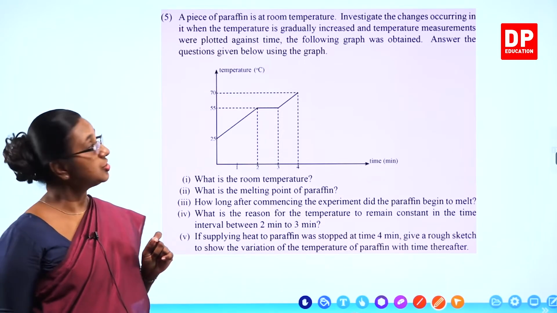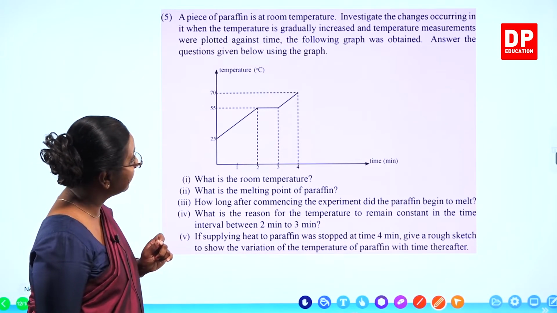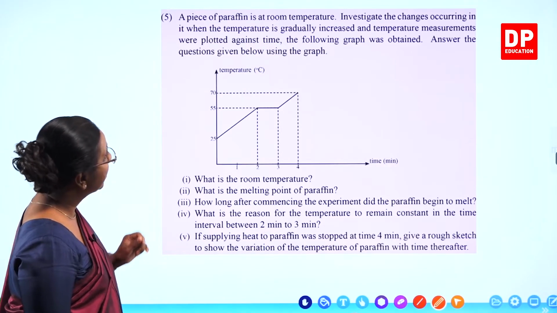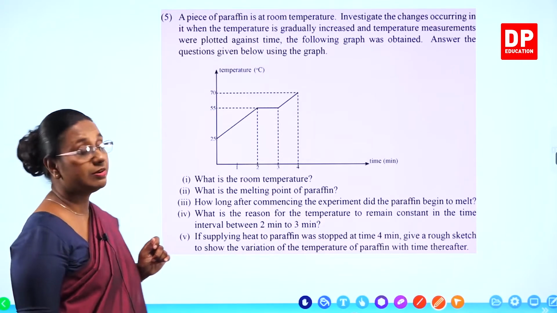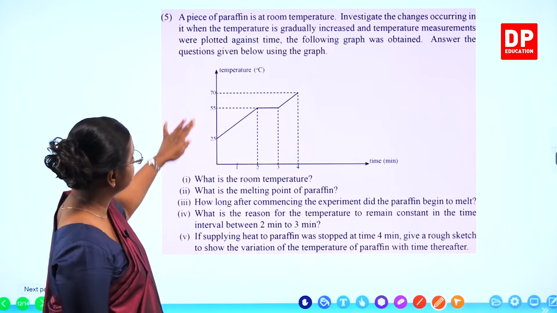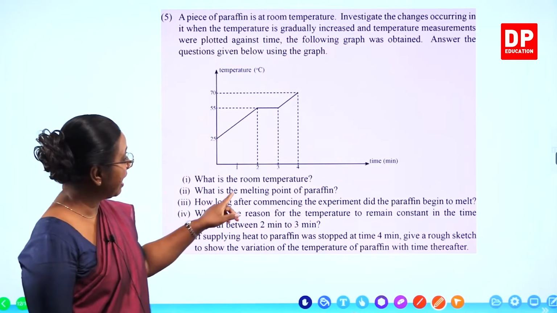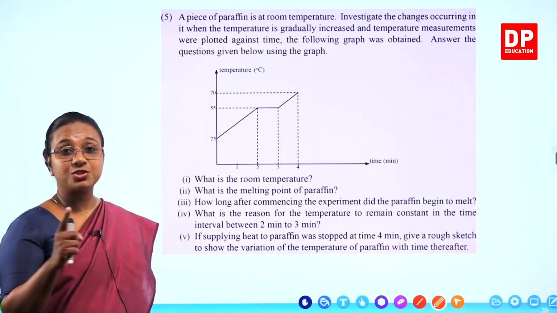Investigate the changes occurring in it when the temperature is gradually increased and temperature measurements were plotted against time. The following graph was obtained. Answer the questions given below using the graph. So here is the graph. You can see the y-axis is temperature and x-axis is time, given in minutes. Can you remember, students, the first question?